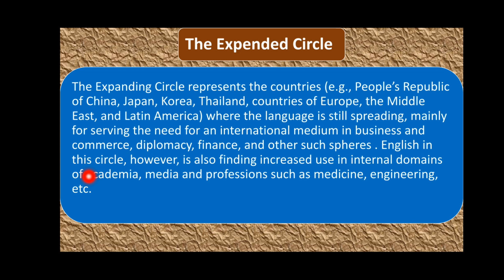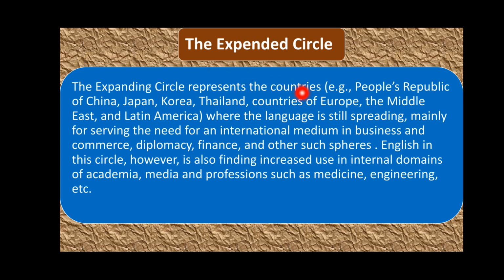English in this circle, however, is also finding increasing use in internal domains of academia, media and professions such as medicine, engineering, etc. So this is now the third, and this is called the expanded circle.